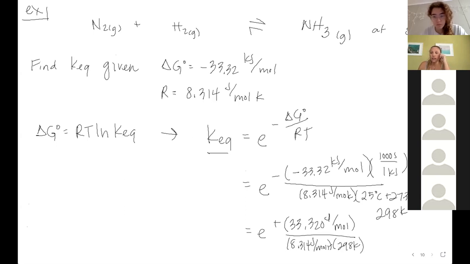Yeah, so standard temperature and pressure is on your memorized sheet. You should know what standard temperature and pressure are. No, STP is 25 degrees Celsius, which is 298 Kelvin.